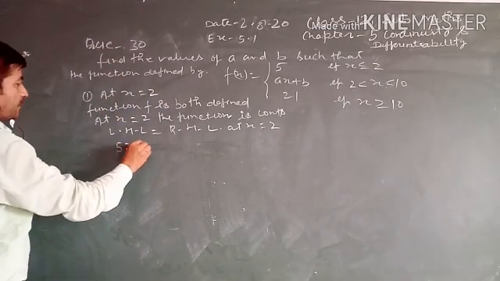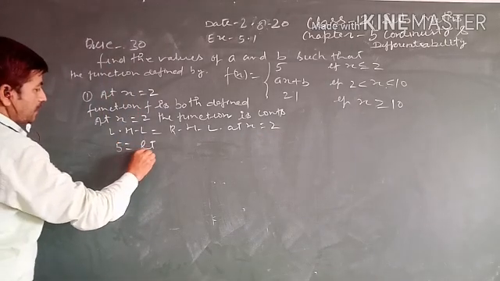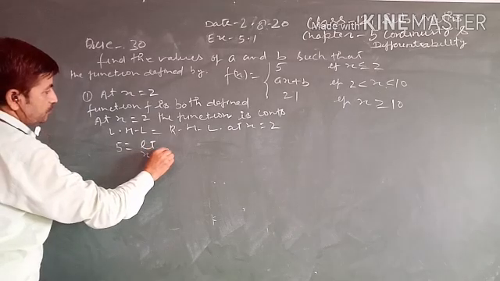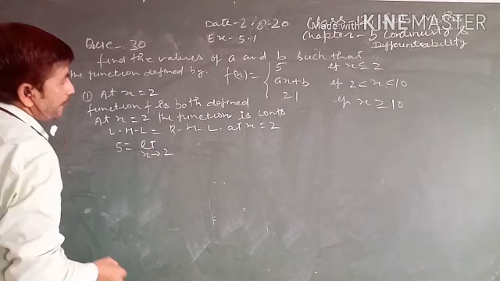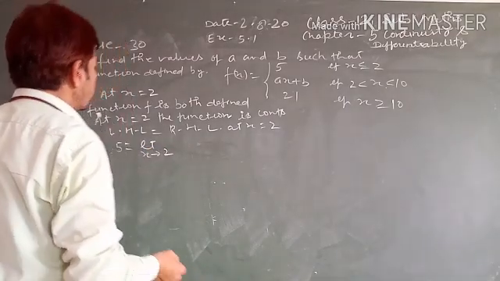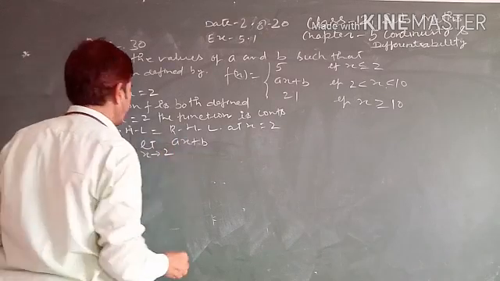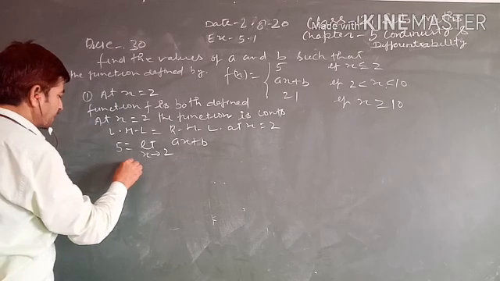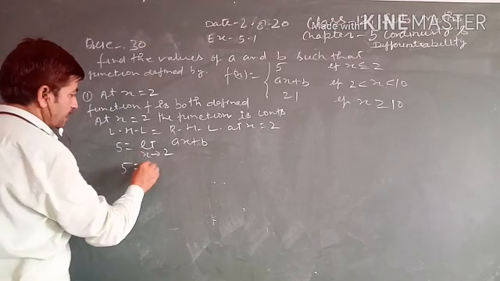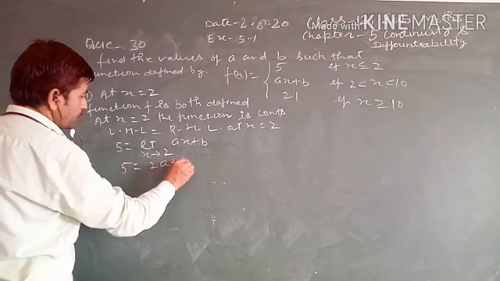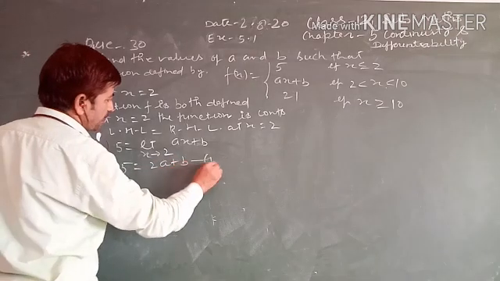LHS is 5. RHS is limit x tends to 2 of the function ax plus b. On assigning the limit in RHS, it will be 2a plus b. It is equation first.